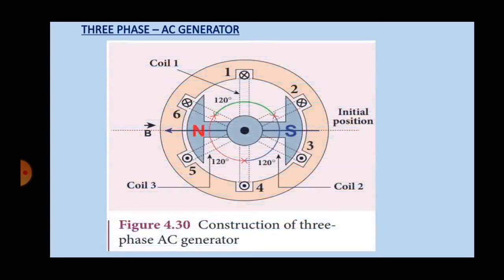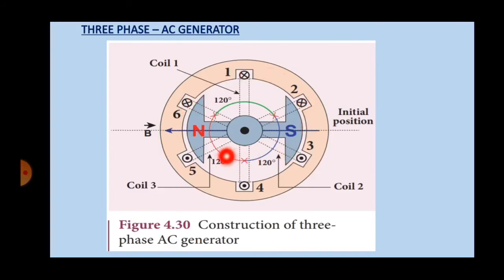This is the construction of the three-phase AC generator. Already you know this is the stator core. The armature coil has 6 slots fixed inside the stator core. This is the first slot, second, third, fourth, fifth and sixth.